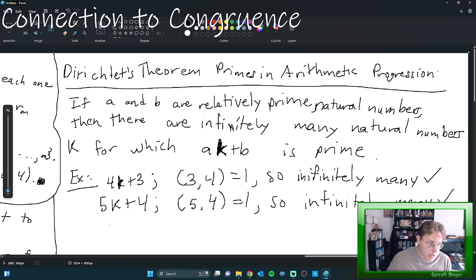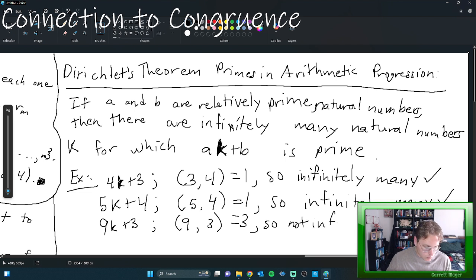Now let's look at another example, 9k plus 3. Well, for this one, 9 and 3 are not relatively prime, so there aren't infinitely many. In fact, I think that 3 is the only prime that has this form, because otherwise it would be divisible by 3. I think every other example that you can come up with is divisible by 3.